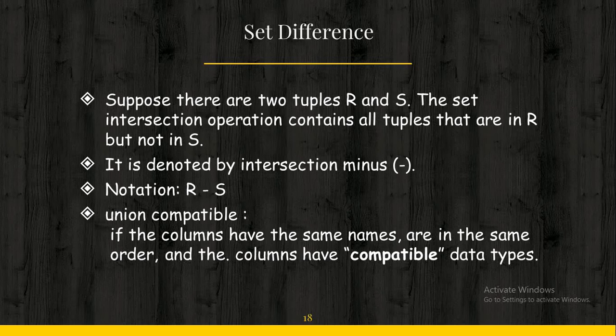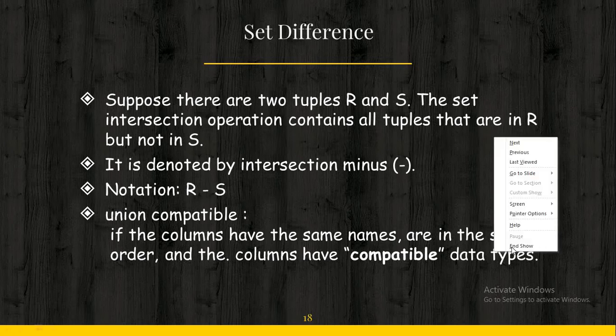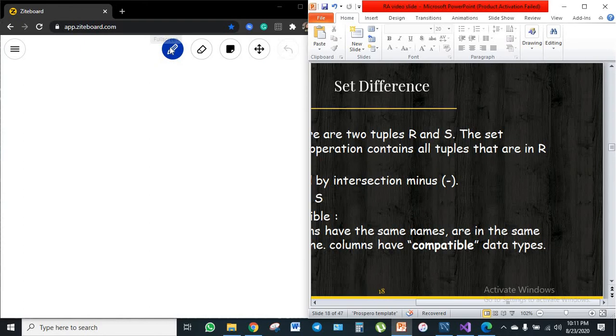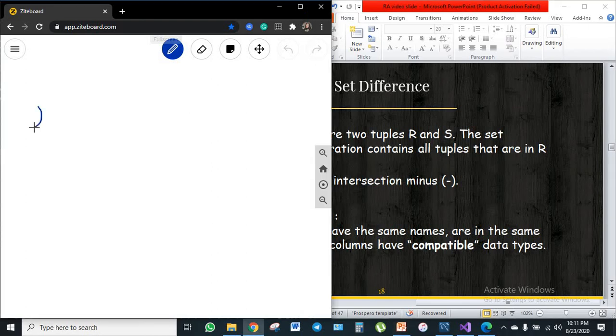Now I'm going to the next topic, set difference. It is also very important, and I'm going back to the set theory to understand it from the set theory concept. At first, I am writing the two sets.